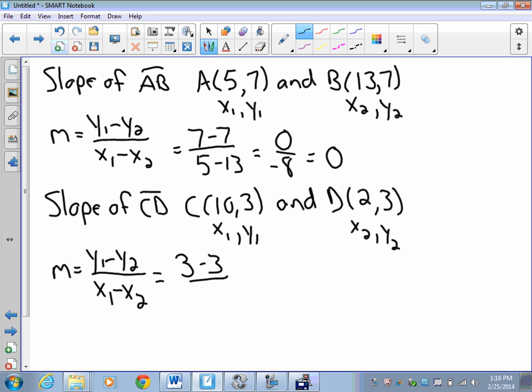So whenever we plug those in, it's 0 over negative 8, which is just 0. So we verified that those two sides have the same slope.